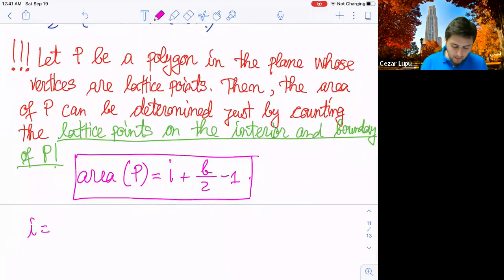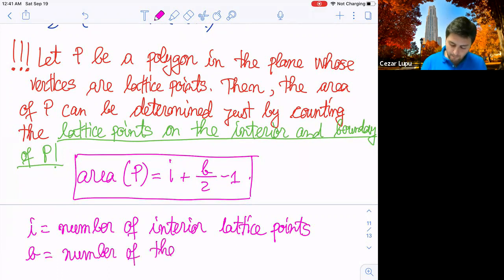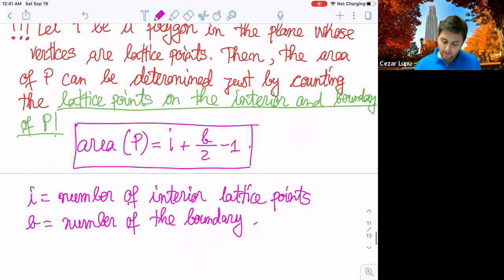This I is the number of interior lattice points, and this B is the number of the boundary lattice points.